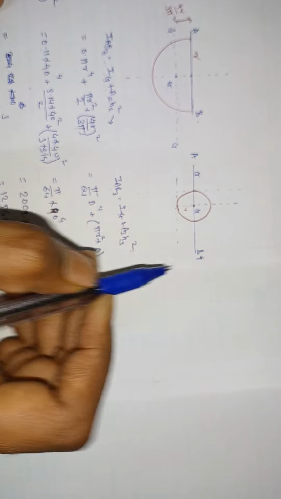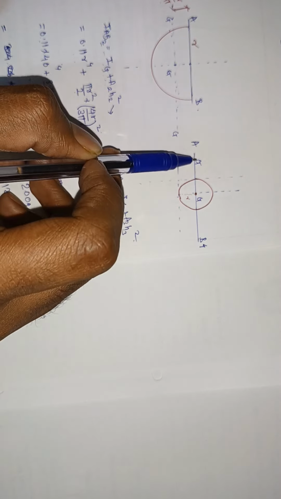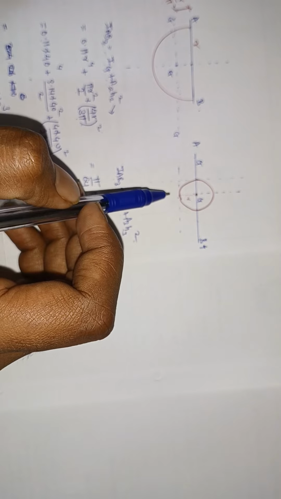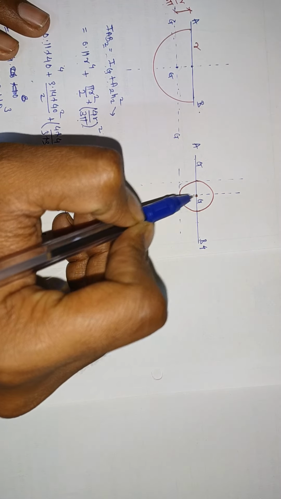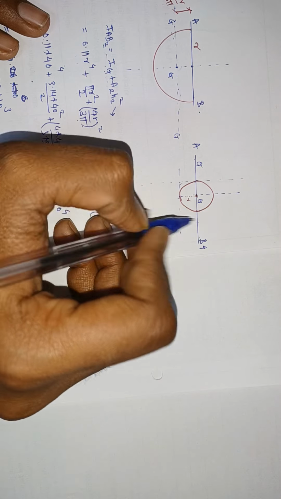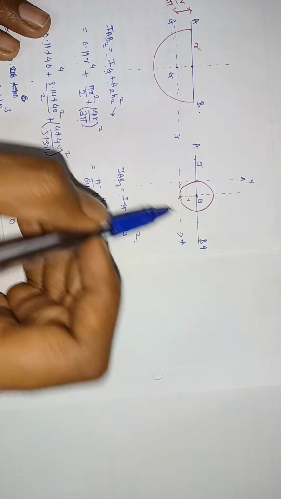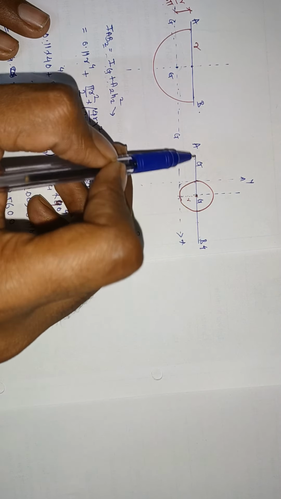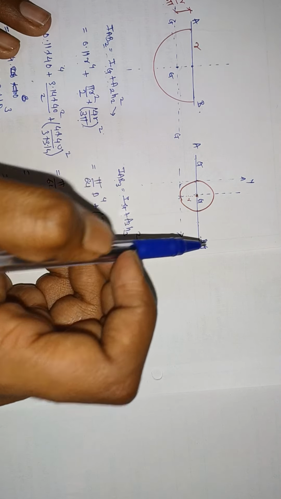If you see the figure carefully, my centroidal axis is the same as AB, because AB is also passing through the centroidal axis of this circle. We know that the centroidal axis lies at a distance r from the imaginary x and y axes; from this it is r, from this it is r, so our centroidal axis and AB are both the same.